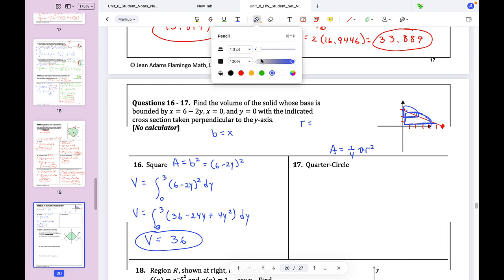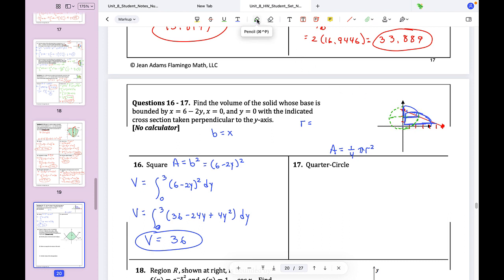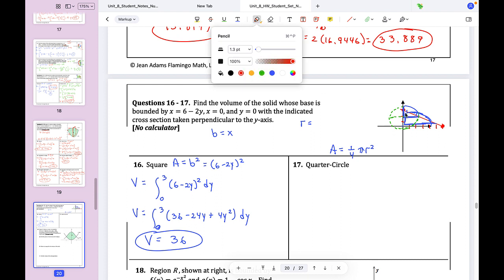If it was a full circle, it would be like that, right? So this little piece right here, this is r.